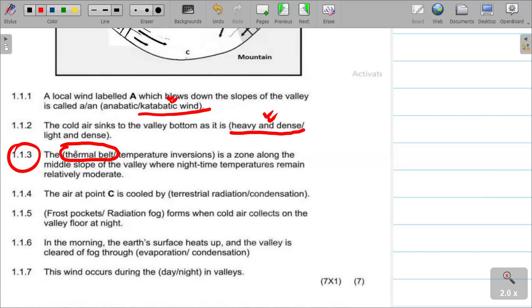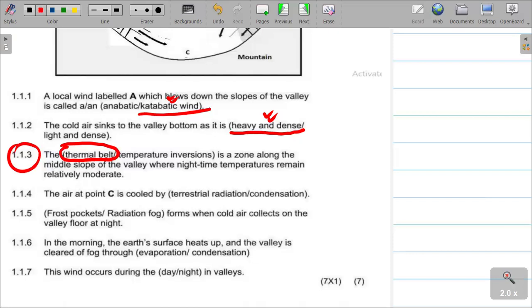And then temperature inversion is when the temperature increases with height. The air mass above has a higher temperature than the one below. In natural understanding, temperature must decrease with height, but when temperature increases with height, we call that temperature inversion.